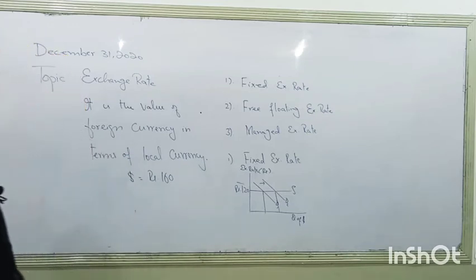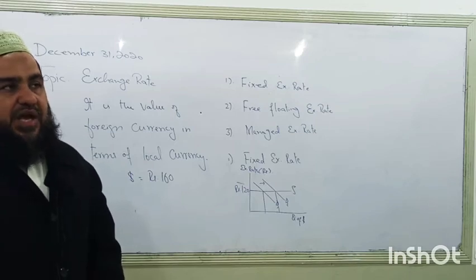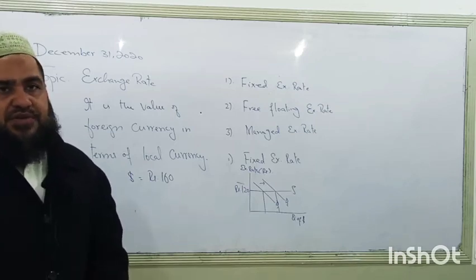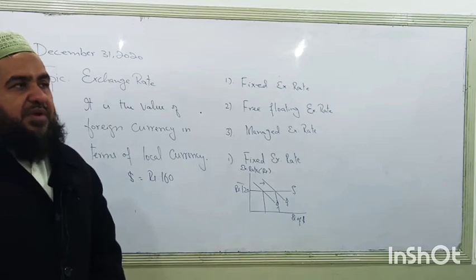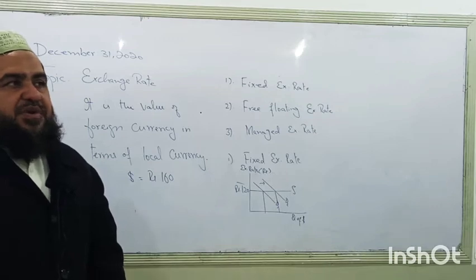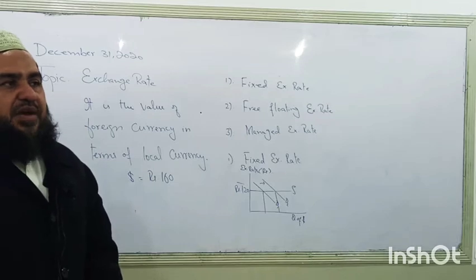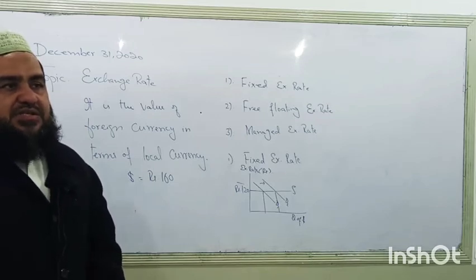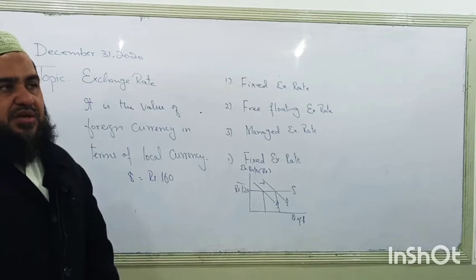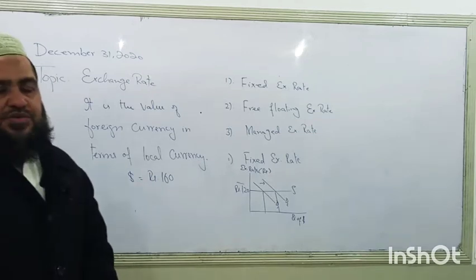But when there is a fixed exchange rate and the cost of production of the exporters has increased, they want the devaluation of the currency, otherwise they will be reluctant to export more goods, because their per unit cost of production has increased and the exchange rate is becoming a barrier for them to export. As this exchange rate is not covering their cost of production, they cannot increase the price in the international market. So in that way, the fixed exchange rate will become a barrier for the exports.